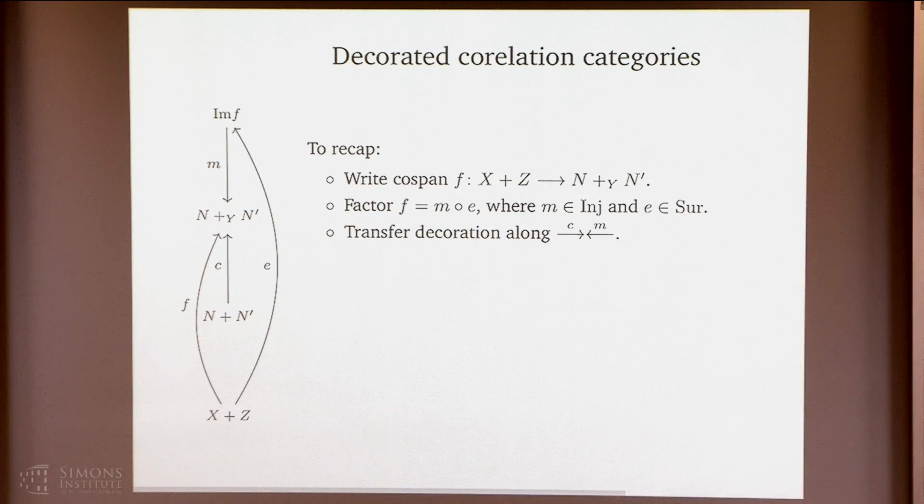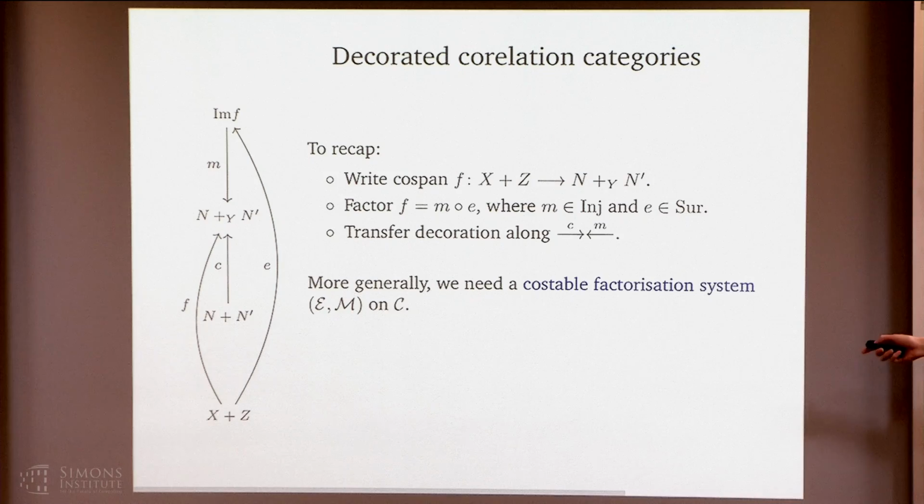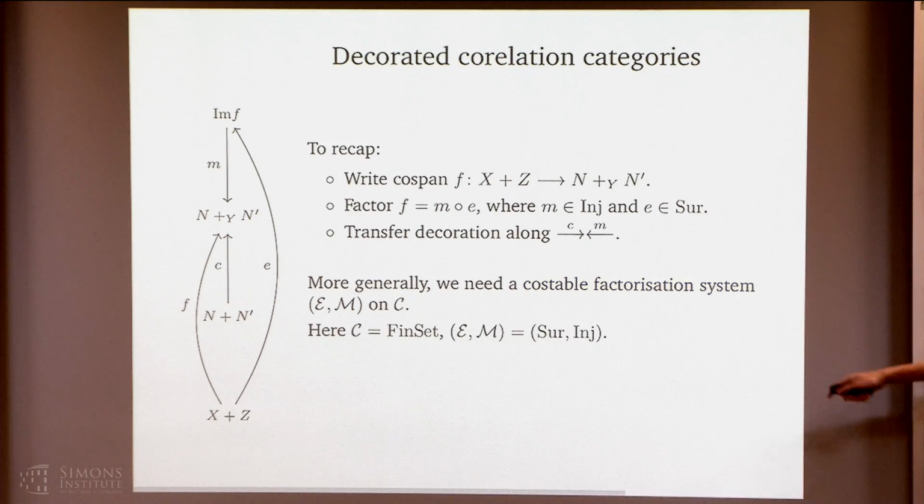So to construct our category of decorated correlations, we need a notion of transferring decorations forwards along a map in C and backwards along a map in M. To arrive at these factorizations, we need, in general, what's called a costable factorization system.